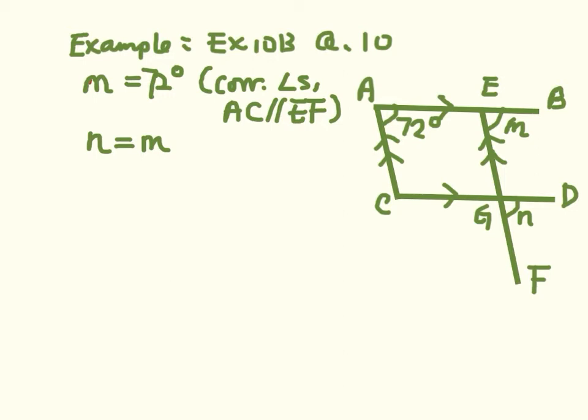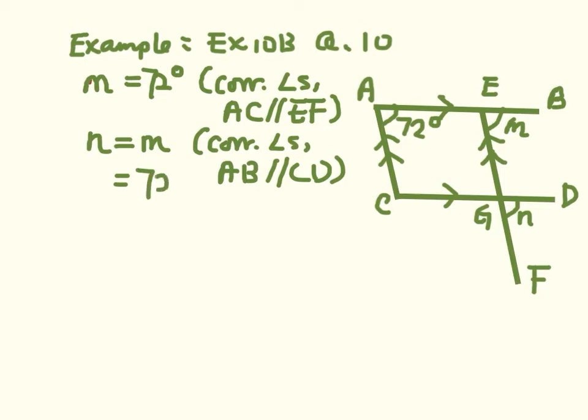In order to avoid confusing, you have to write the original name of M. Here the reason is similar. We write corresponding angles. This time we should write AB parallel to CD. Therefore N is 72 degrees.